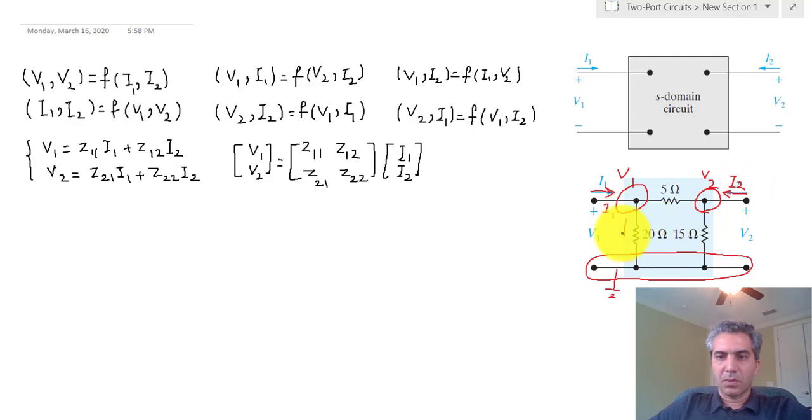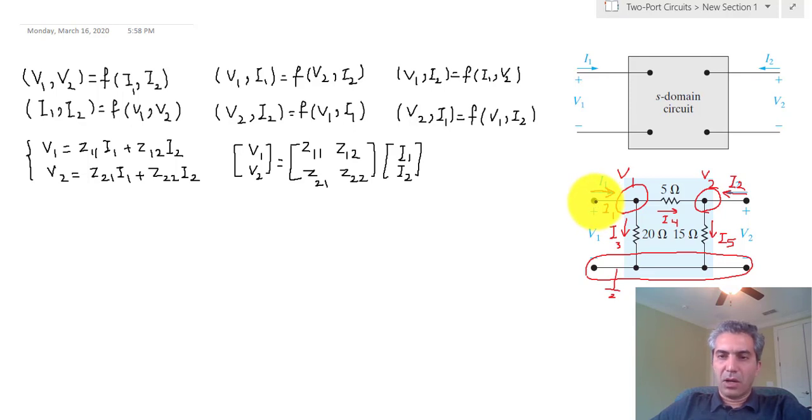Now I'm going to assume I3, I4, and I5 for the other three components here. Now, as you can see, it's slightly different than what we did, because it appears that we are labeling current for a piece of wire.